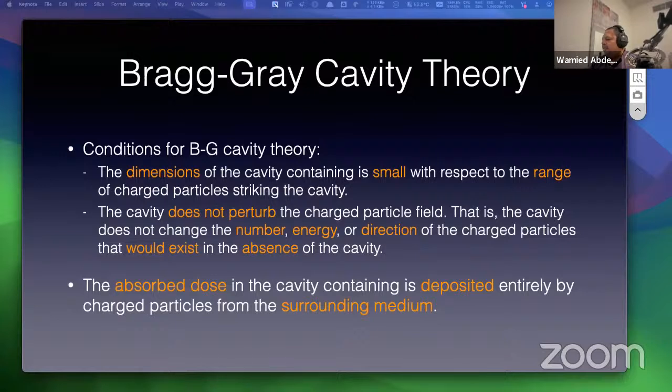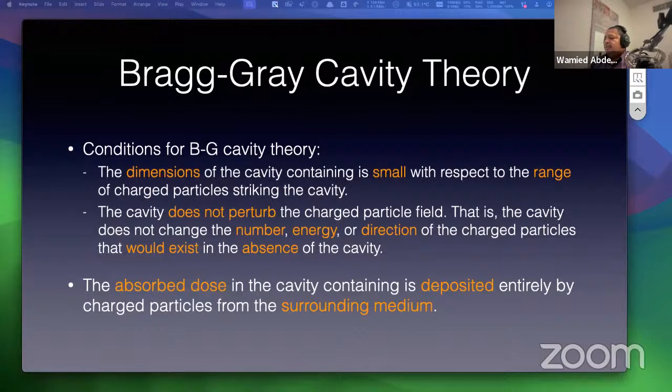When these two conditions are met, we say that the situation could be described by the small cavity theory, or more particularly the Bragg-Gray cavity theory.